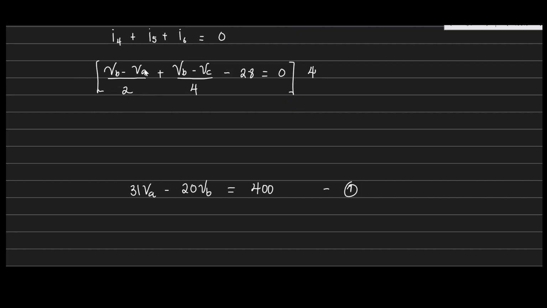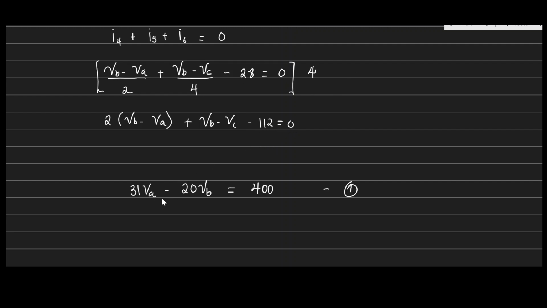Okay, so multiply the whole equation by 4. So VB minus VA over 2 by 4. 2 into 4, it's what? 2 times, right? So this will be 2 multiplied by VB minus VA plus VB minus VC over 4 by 4. So 4 and 4 cancel out, just leaving behind VB minus VC. And then minus 28 by 4. So this is 112.